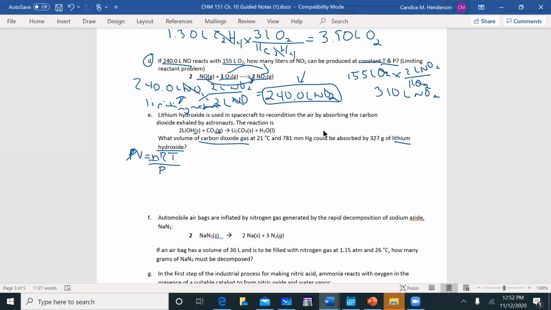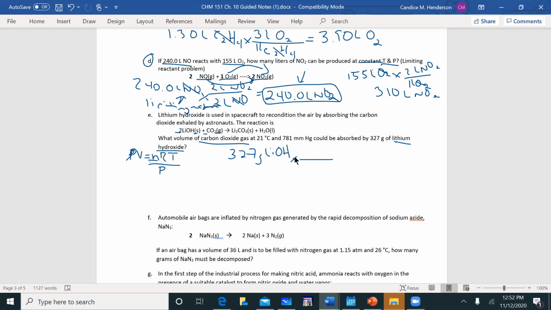That isn't given, but you know what is given is the amount of lithium hydroxide. And if I know the amount of one thing in a balanced equation, I can really easily find the amount of something else by going through that process of stoichiometry. So 327 grams of LiOH. In order to go from 2 to 1, I need to get this out of grams and into moles because I can't do any sort of stoichiometry in a mass value.